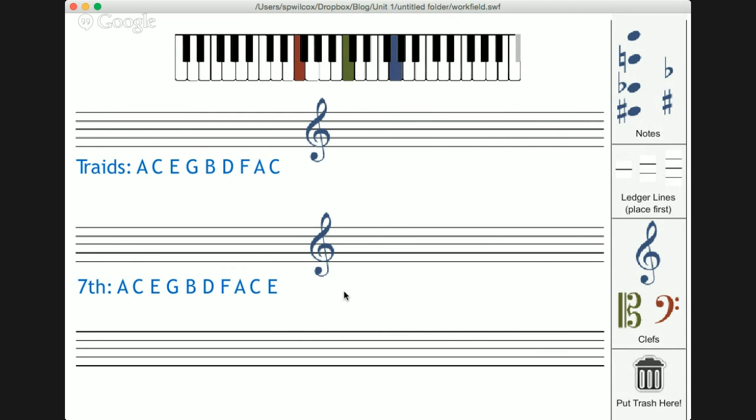So if you have a triad that starts on A, you're always going to have an A, a C, and an E. I mean, you can have flats and sharps, but it will always have the musical letters A, C, E. And if you have the letters C, E, G, you're going to have a triad with a C, an E, and a G in it. It could be an E flat, could be a G sharp, but there's going to be these letters in it.